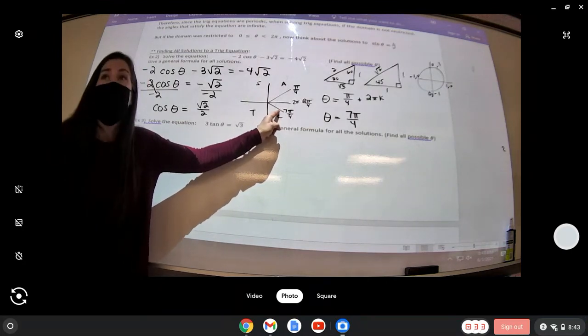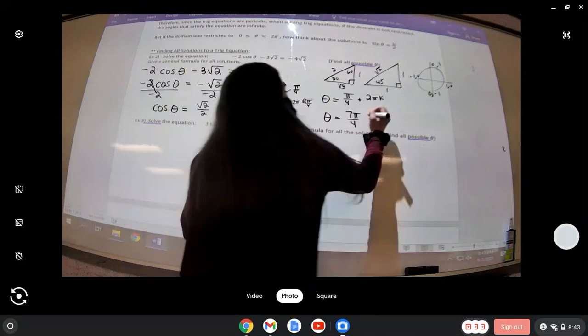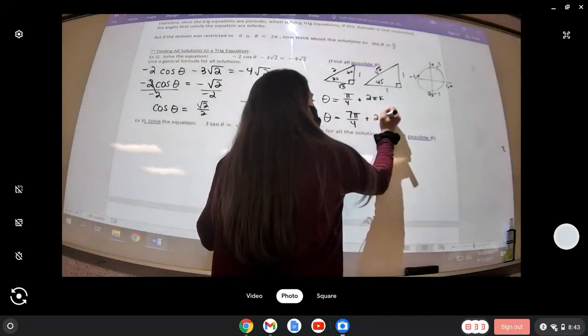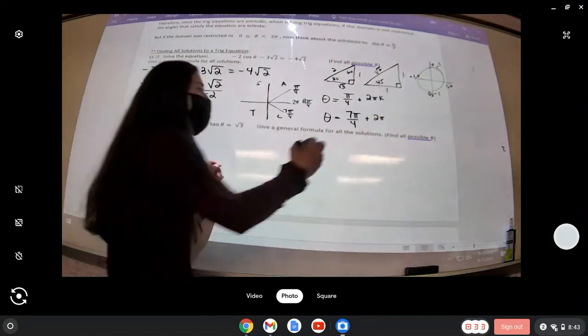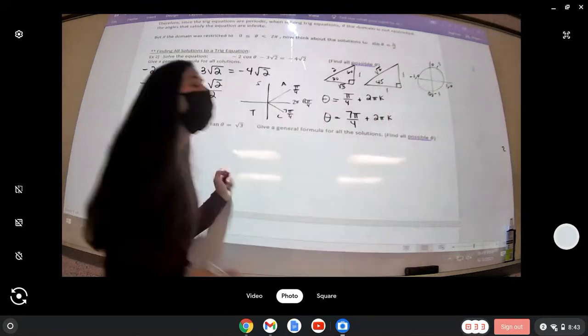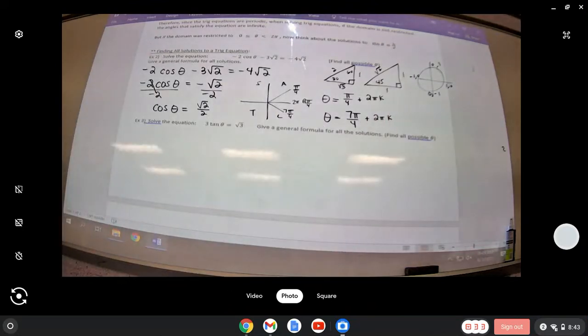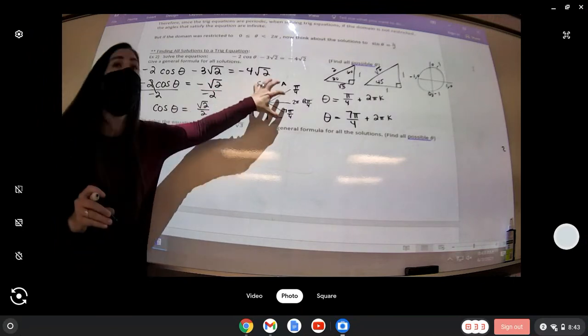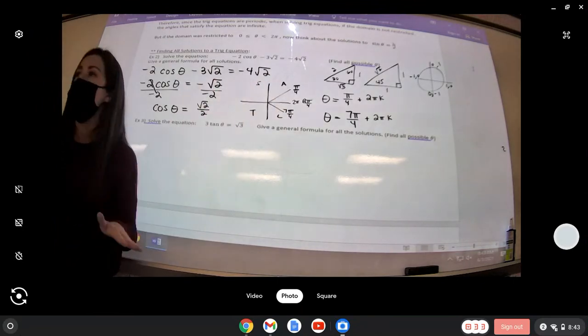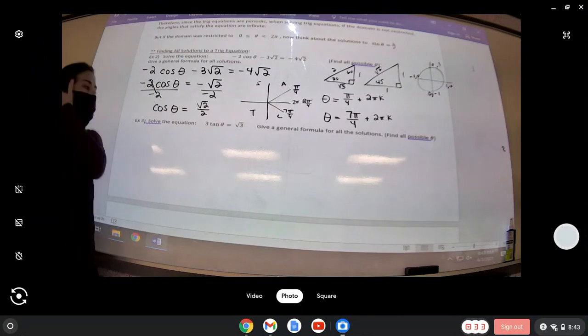So add 2 pi to this as well, and then times k revolutions. So those would be your answers if you didn't have a restricted domain. These are the answers that make it true for one rotation, and then you just have to add the period times k revolutions onto it.